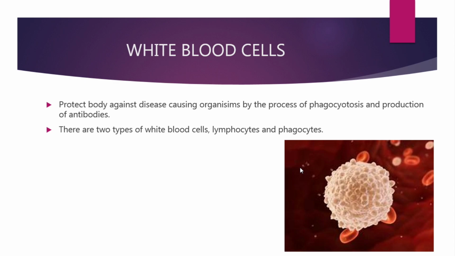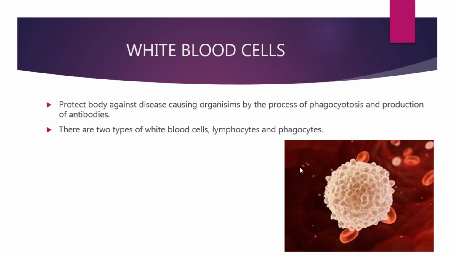The phagocytes detect the bacteria inside the human body through the antigens on their surfaces. When the bacteria or the unwanted pathogen is detected by the phagocyte, it clumps the bacteria together and leaves them for the lymphocytes.